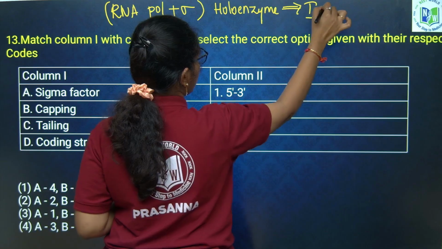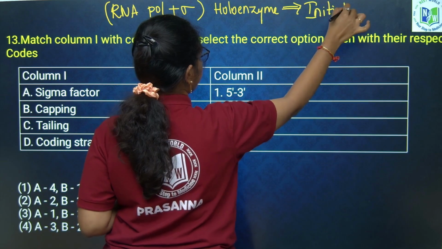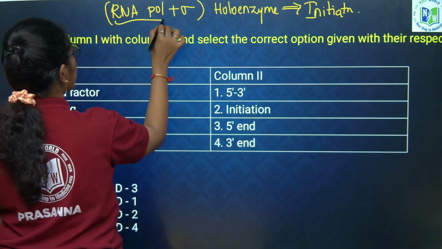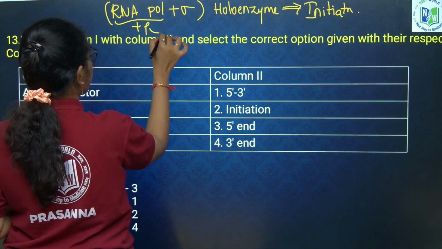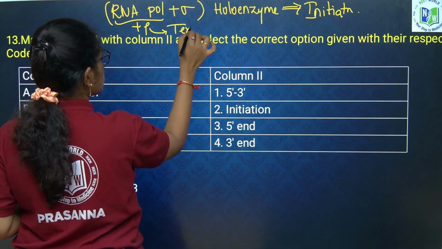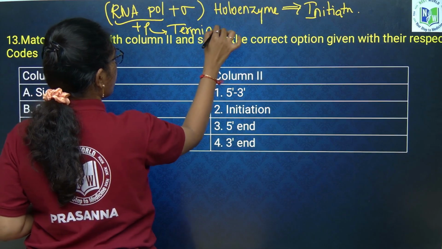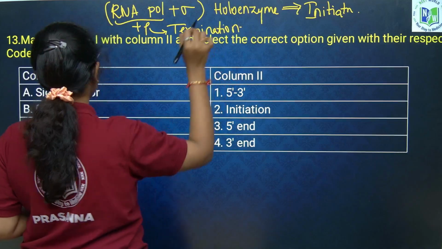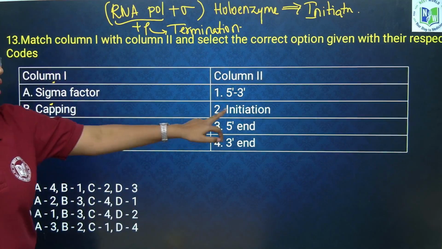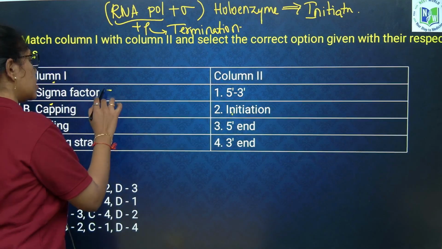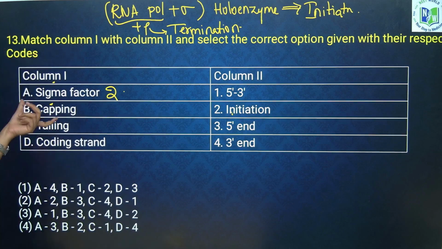RNA polymerase along with Rho factor will promote termination of transcription. Okay. Sigma factor, initiation. It is promoting initiation when it is binding with RNA polymerase.